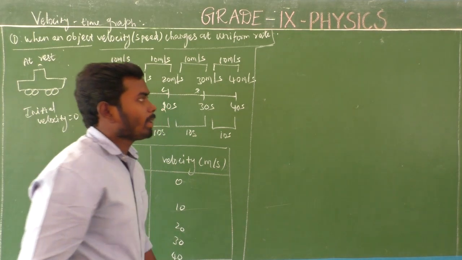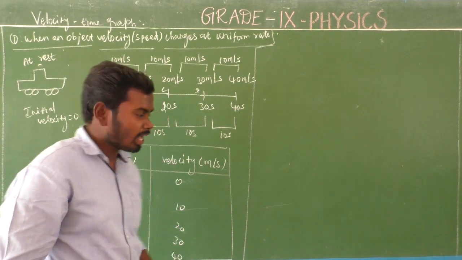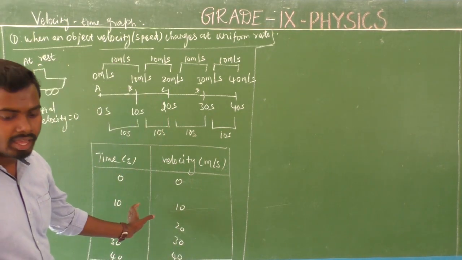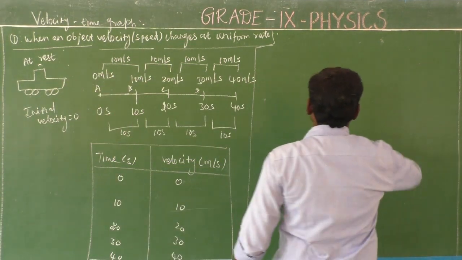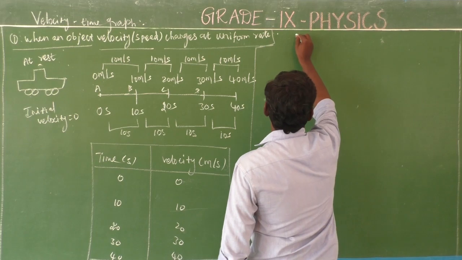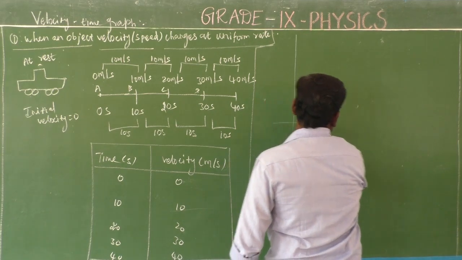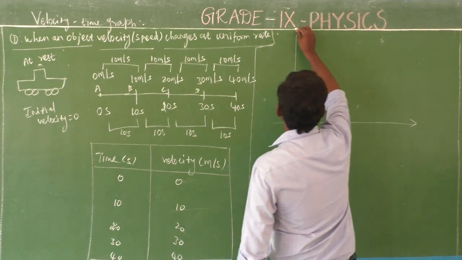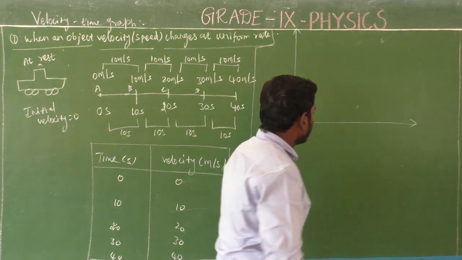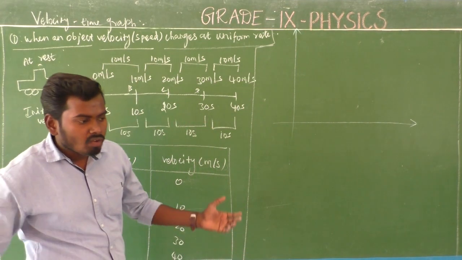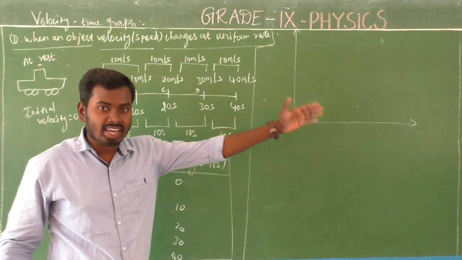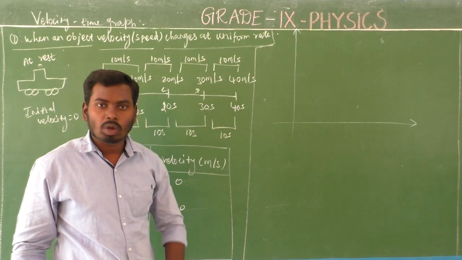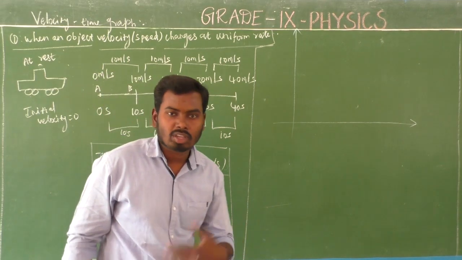Next I am going to make a plotted graph with the help of this data. Look here. We always take the time quantity along the x-axis. Why? Because time is constant.